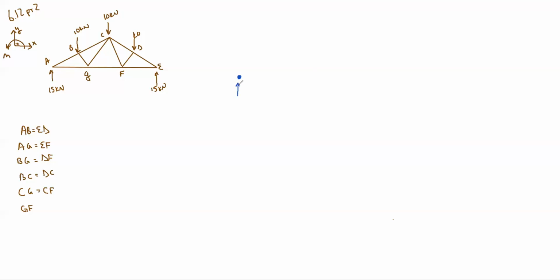Pin A has a 15 kilonewton force going up. Looking at the picture, I have member AG and member AB coming into pin A. I'll use the arrow maker.